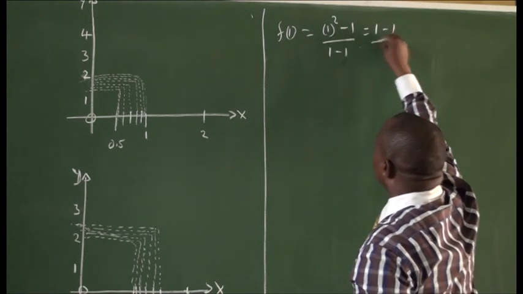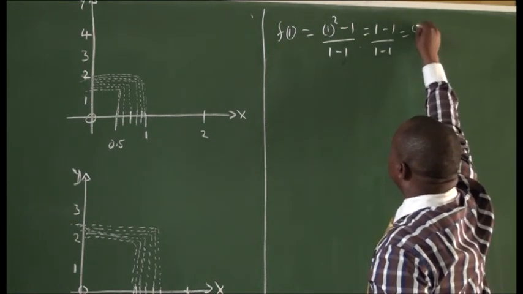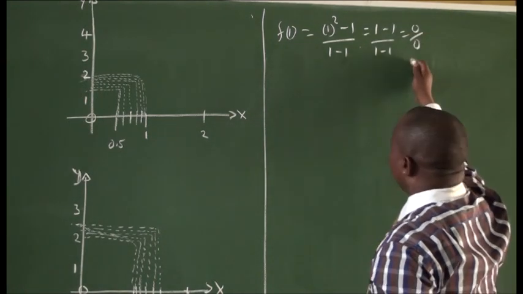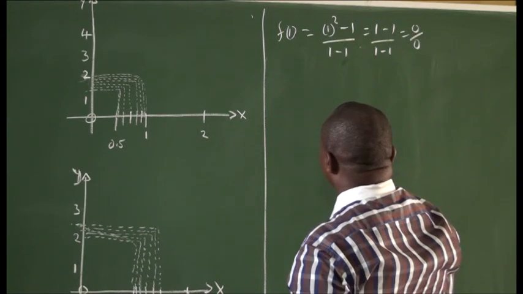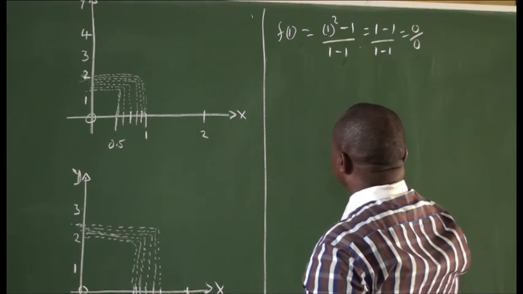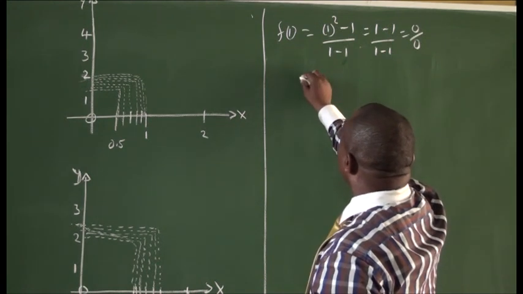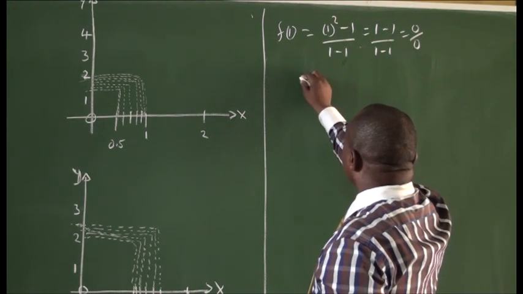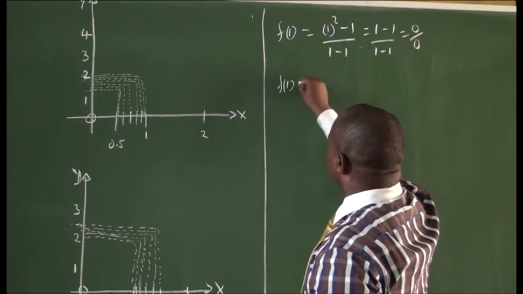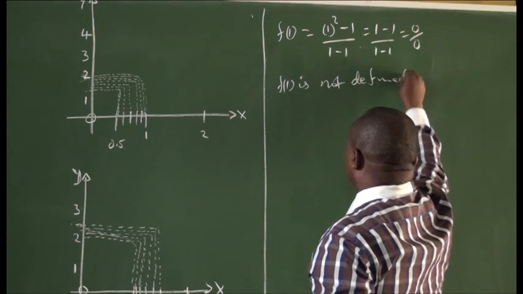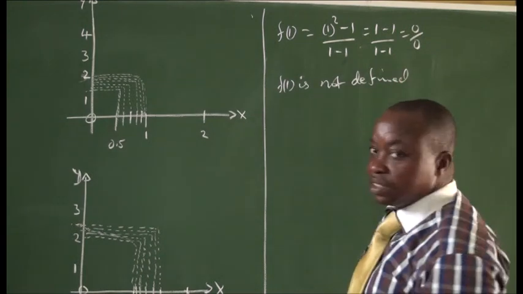And this gives me 1 minus 1 over 1 minus 1, which is 0 over 0. Meaning that this is undefined. So I see that f of 1 is not defined.